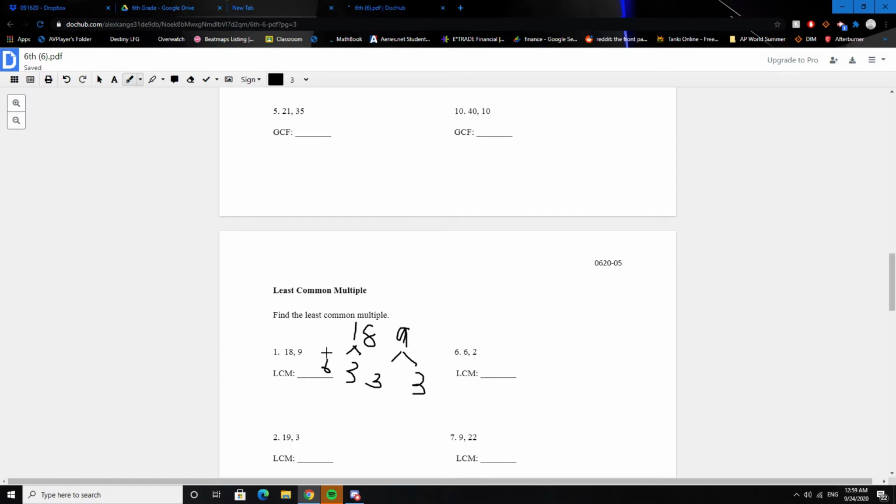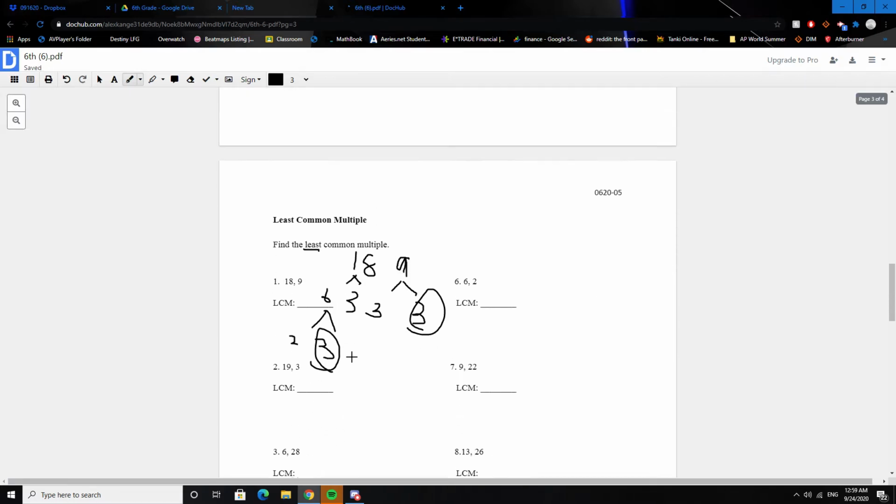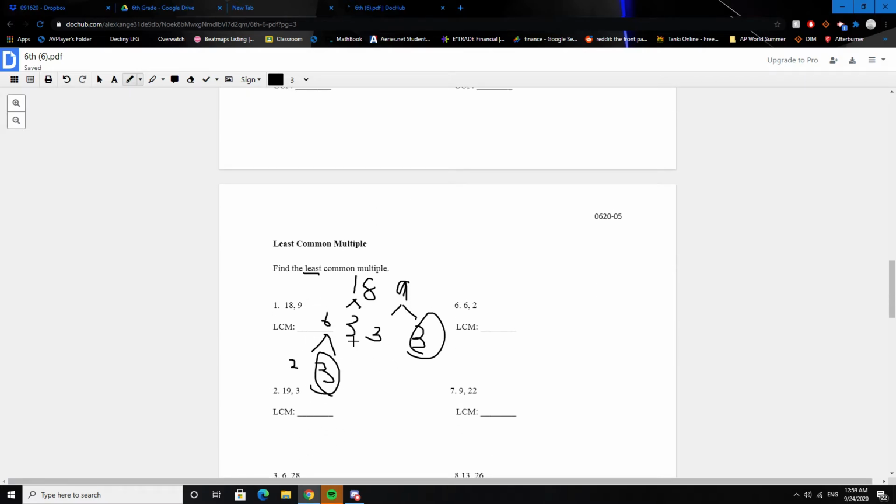You can break this 6 down into 2 and 3. So the least common multiple is 3. You're not looking for the most. In this situation it wouldn't really matter, but you still want to break it down to the very end, just to see if you have any similarities. So that would be your answer.